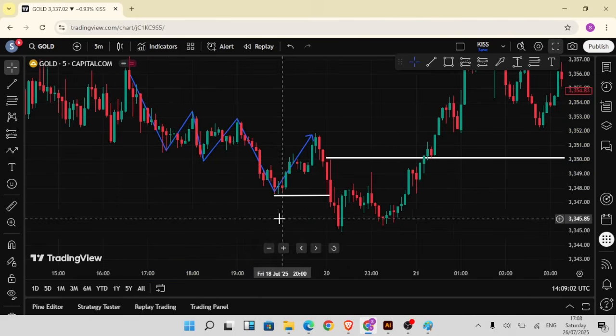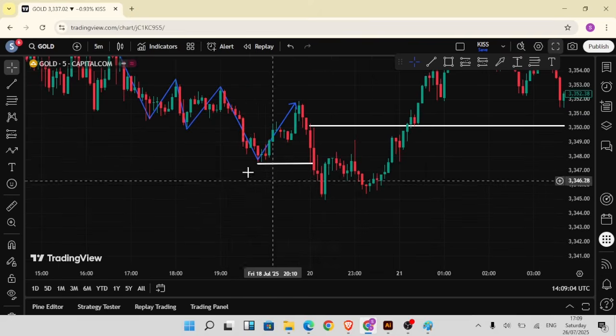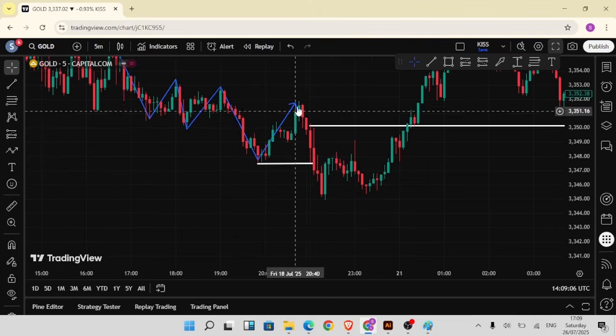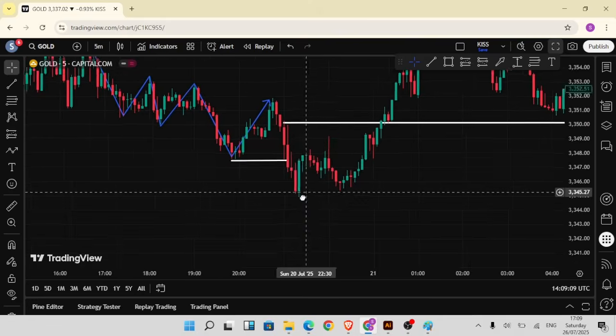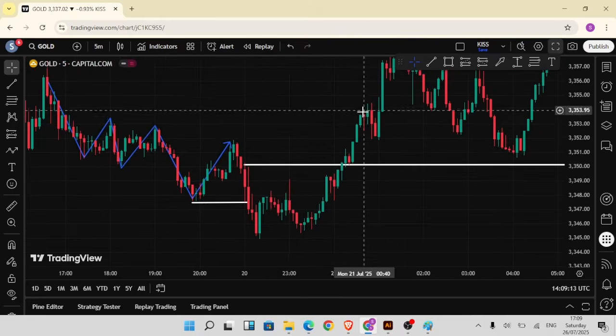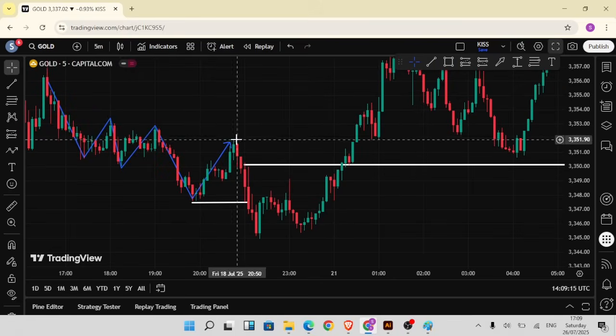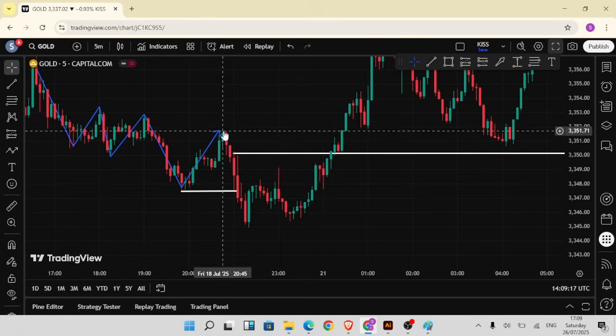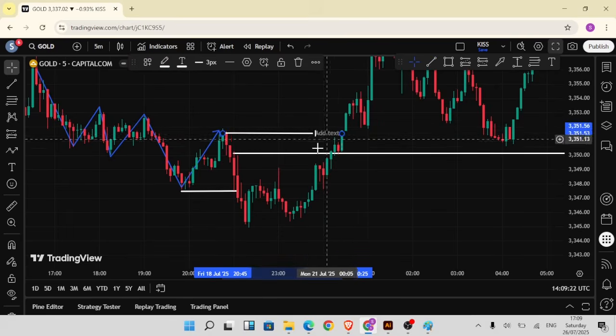So the moment we had this downtrend going, we had this forming a high and then a low, and at the retracement we formed a high that was above this previous high. Okay, with this happening, this is our market structure shift.